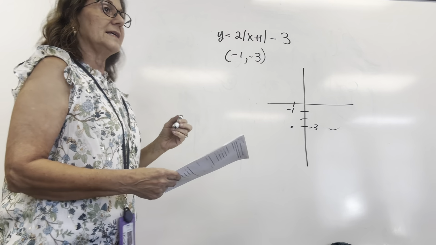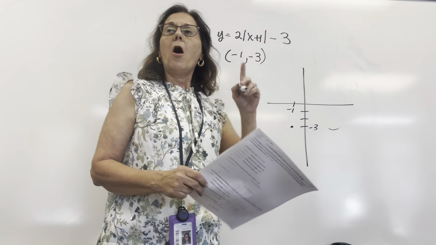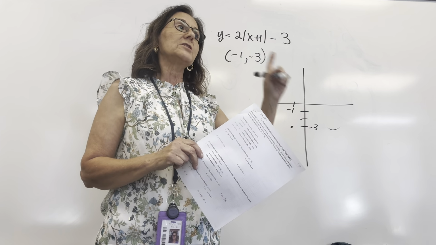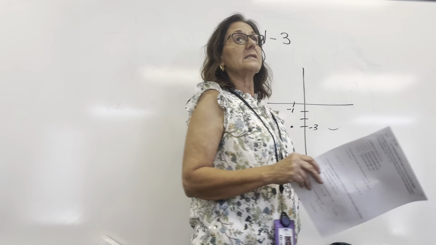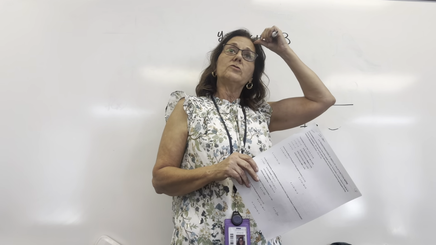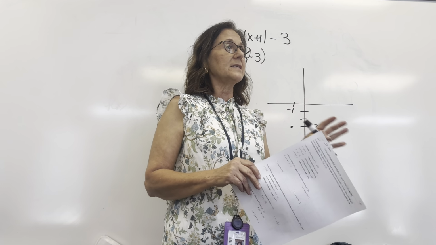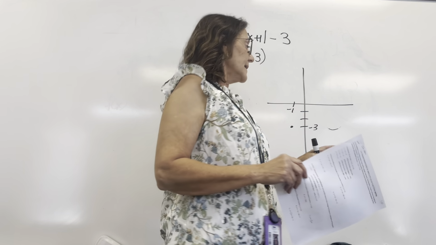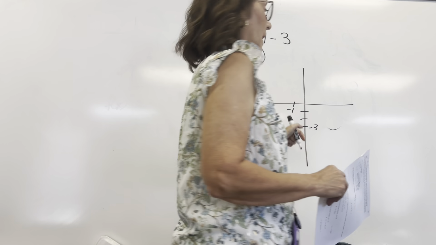Okay, AX is axis of symmetry. All of the absolute value equations, as well as the quadratics, the second degree, they have an axis of symmetry. And the axis of symmetry goes through the x value of the vertex.